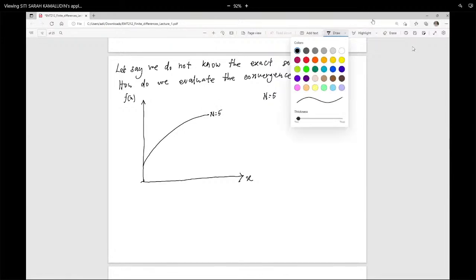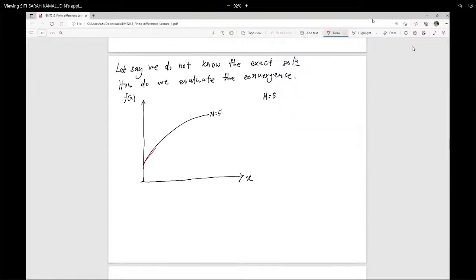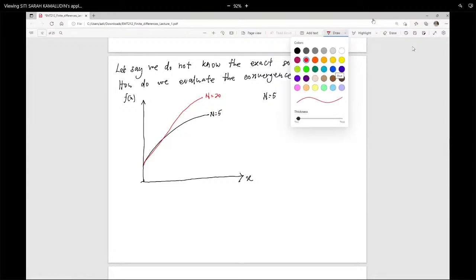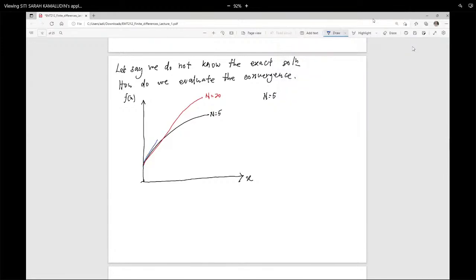And then, let's say we use n equal to 20. And then we plot our solution again, but we use a much more number of points. The n equal to 100.